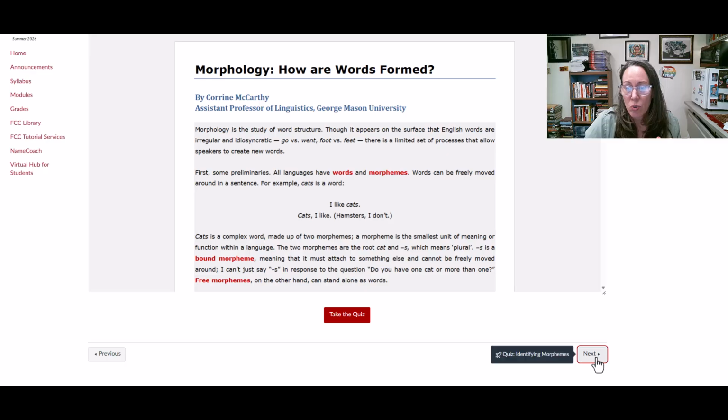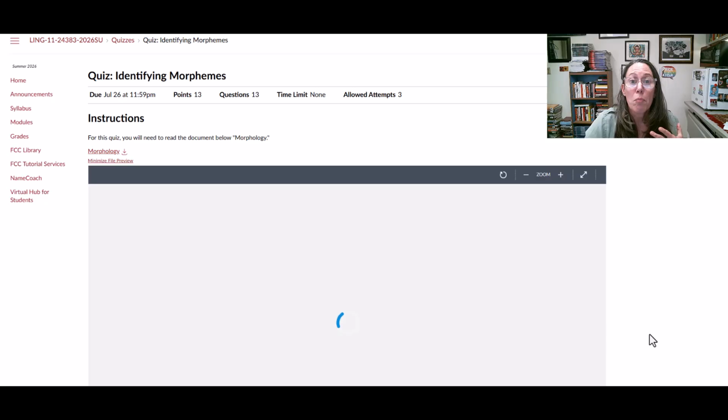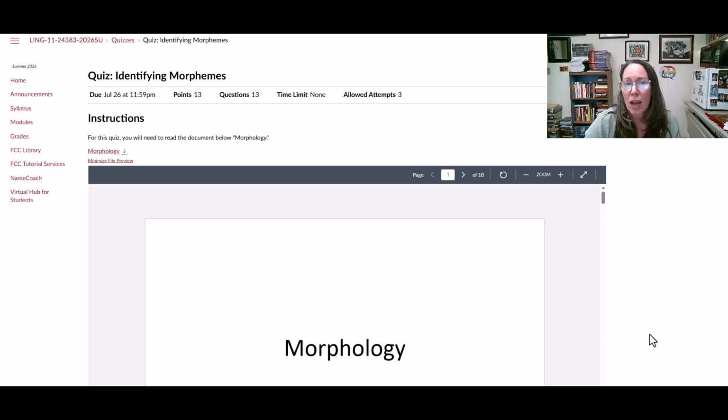The next quiz is looking at morphemes. So morphemes are the smallest unit of meaning within a word. So sometimes a word can just have one single morpheme. Sometimes it can be made up of many different parts.